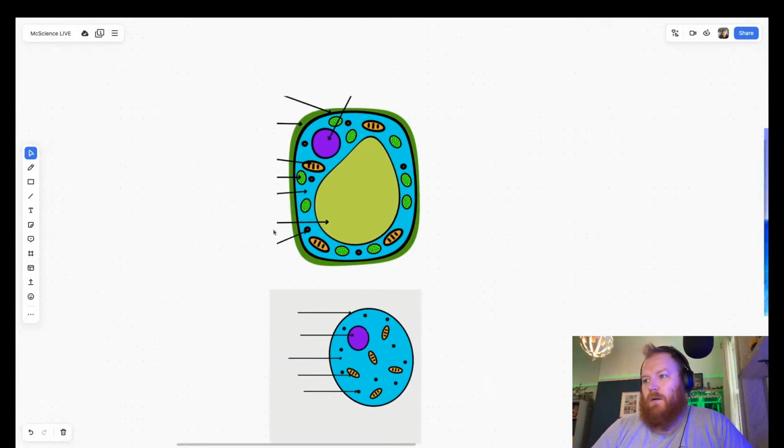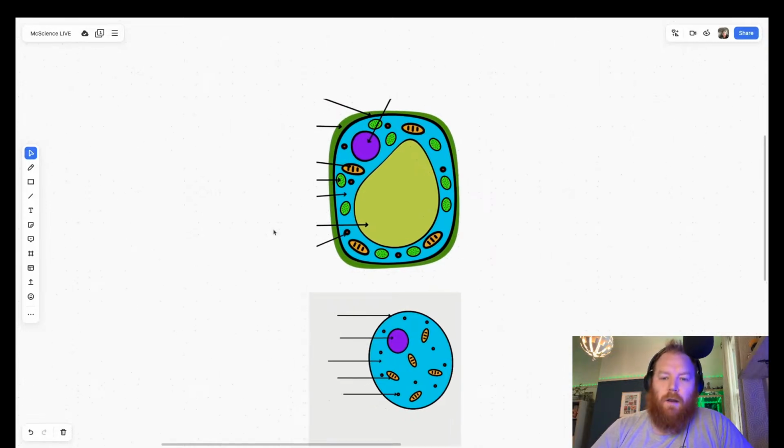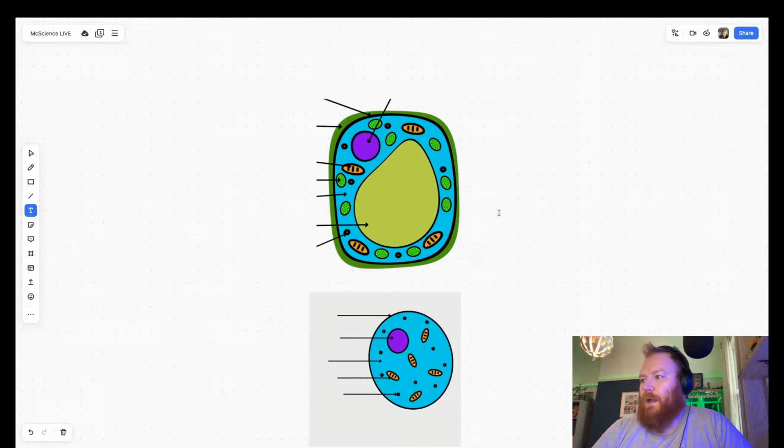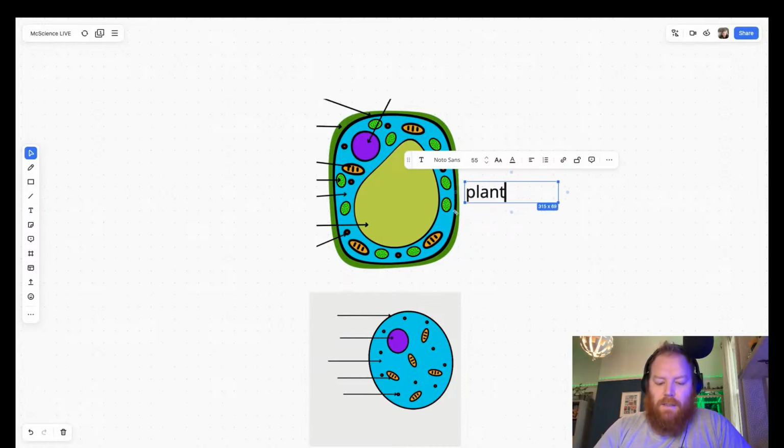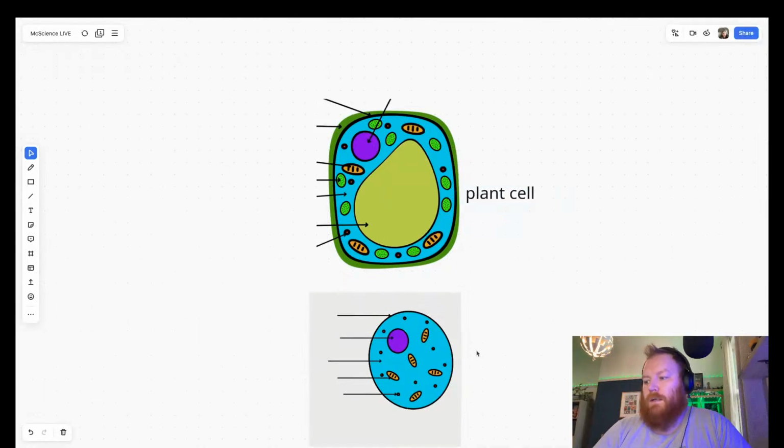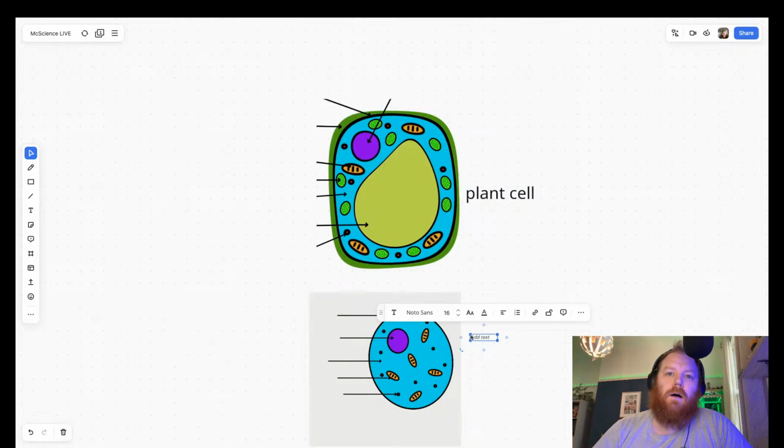For those on the YouTube live, what you can currently see is both an animal and a plant cell. The top one is our plant cell, and the bottom one is the animal cell. Now, I've got a question for you all, whether you are on the YouTube live or on TikTok. What three organelles are found in a plant cell but not found in an animal cell?